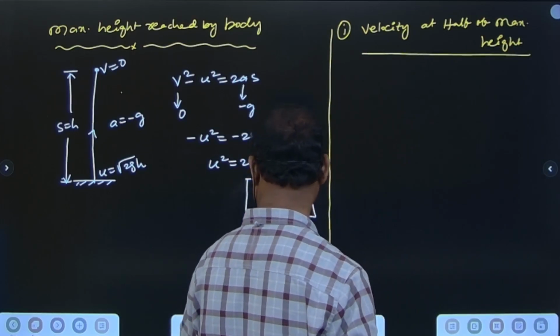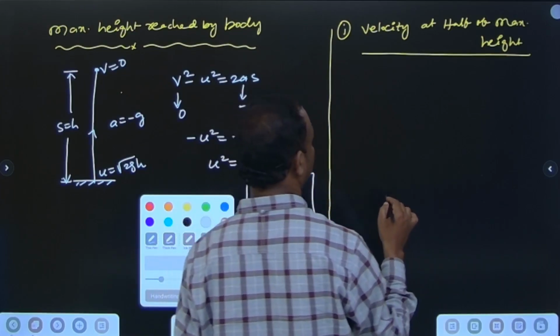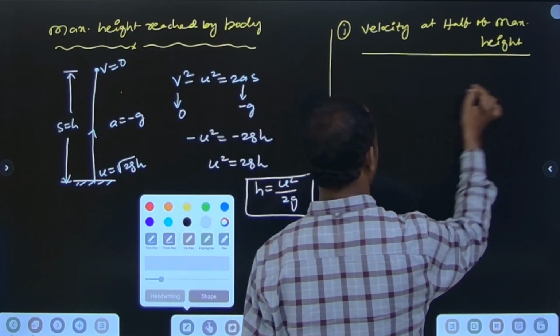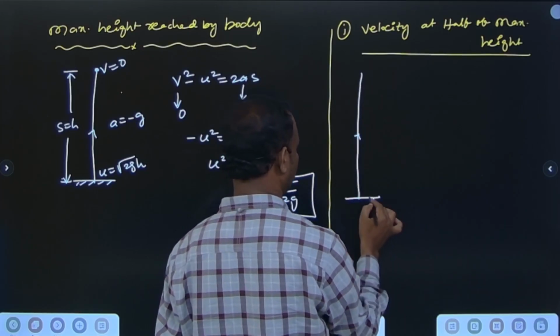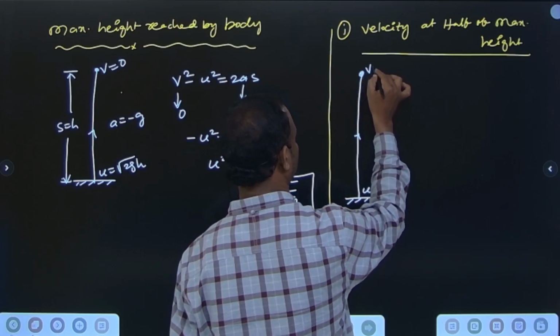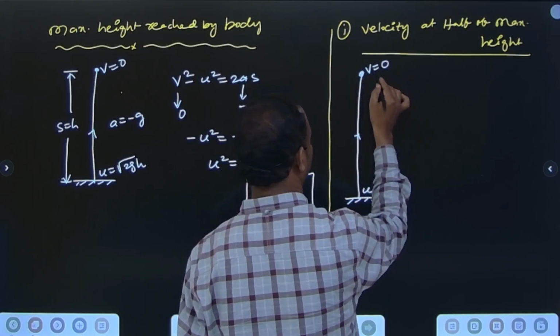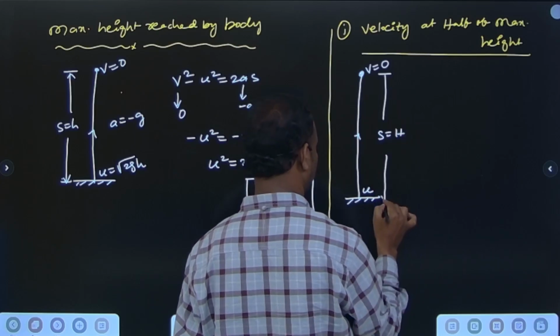Now, the body is projected vertically upwards, with initial velocity u and final velocity v equals 0 at the maximum height h.